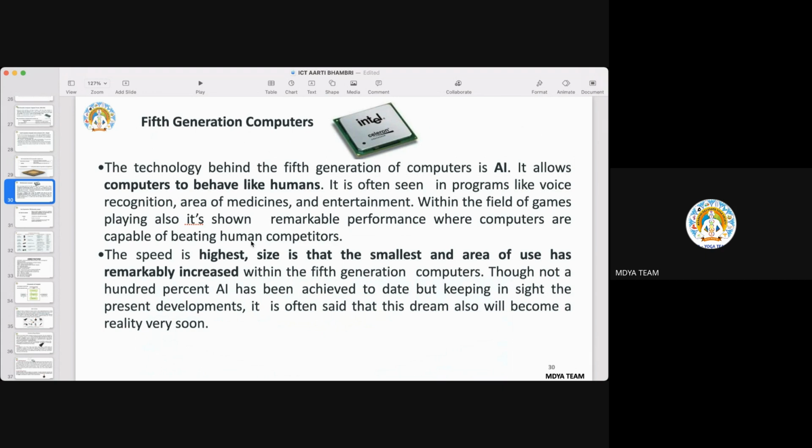It is made in a very efficient manner, because it's a replica of human capability in one sense. So size is small, and the area of use has remarkably increased within fifth generation computers. Not 100% AI is achieved, but it is involved in every field nowadays.